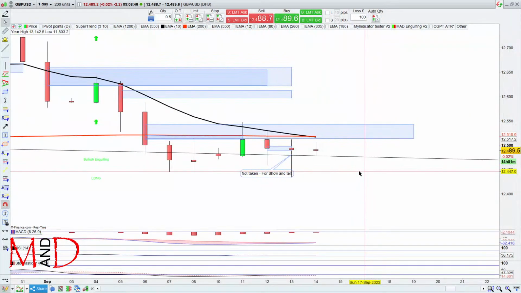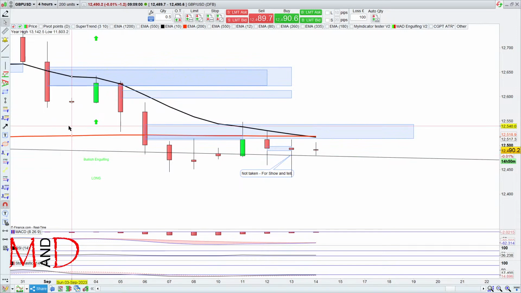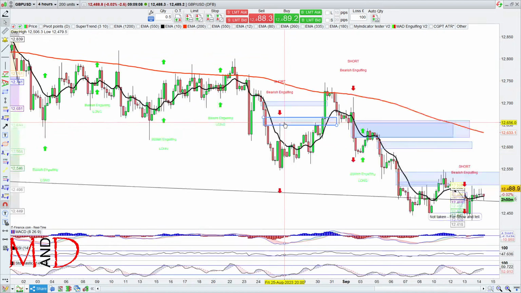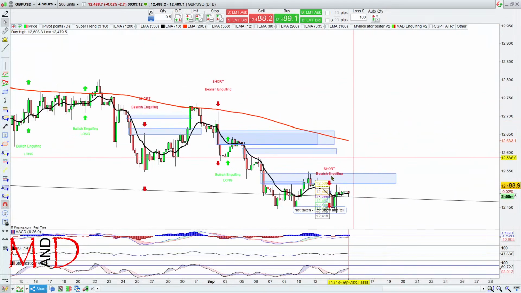What's the word I'm looking for? Quite a tight entry. But if we're doing it on the daily, we can't enter this until the end of the day. So that'd be 10 o'clock ish, 9:30, 10 o'clock, because the 4 hourly, if we ever get there, is already short, and that might want to pop up.